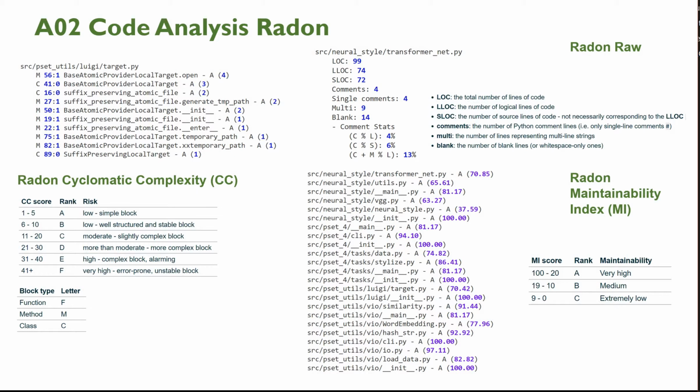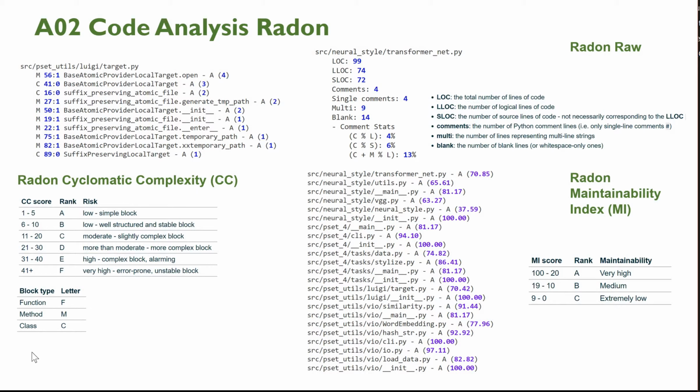The second tool that I use that I also like is Radon. Radon offers a couple of reports, and here I produce three of them. Number one is the CC, which stands for cyclomatic complexity, and it can basically provide you the score. It can tell you what kind of complexity it is, whether it's a simple block or a moderately complex block, and so on and so forth.